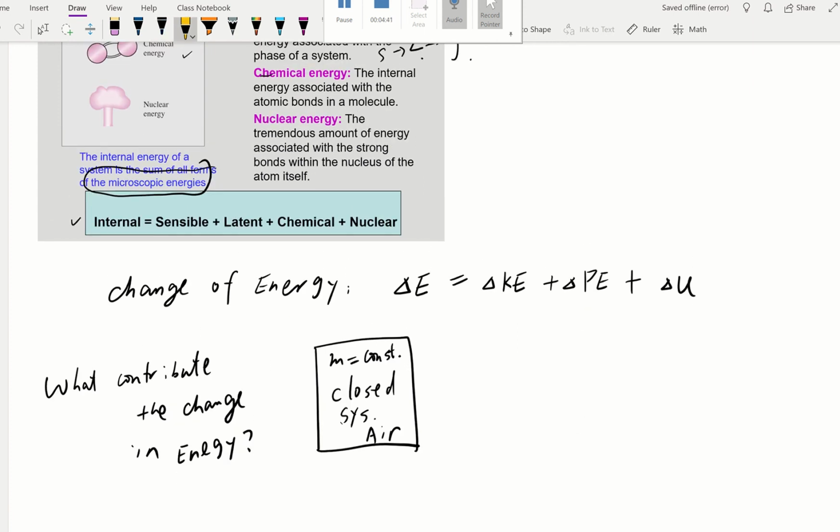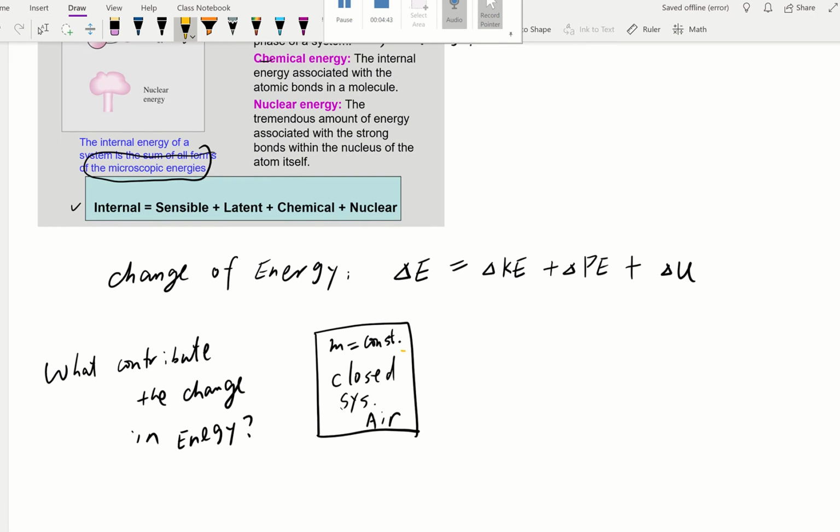All right, so let's think about things. How about if I add heat to it, right? If I have a candle burning at the bottom to add heat, to heat up the air inside, do you think the internal energy will increase? Yes, of course. So that contributes to the change in the energy.